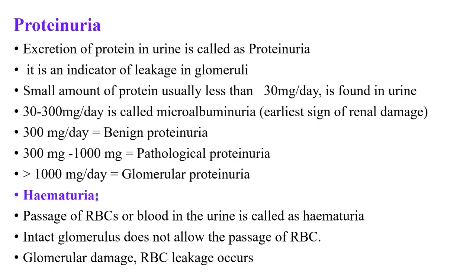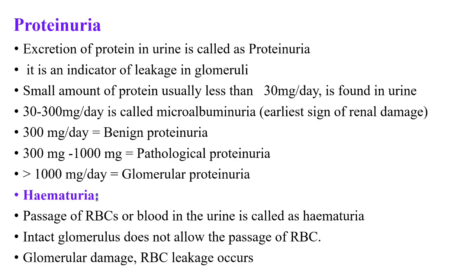Whenever there is damage to the glomerulus, albumin is excreted in the urine. Normally less than 30 milligrams per day is normal, whereas 30 to 300 milligrams per day is called microalbuminuria. Remember this one, it is usually asked in viva. More than 300 milligrams per day is benign proteinuria, pathological proteinuria is 300 to 1000 milligrams per day, and more than 1000 milligrams per day is called glomerular proteinuria.